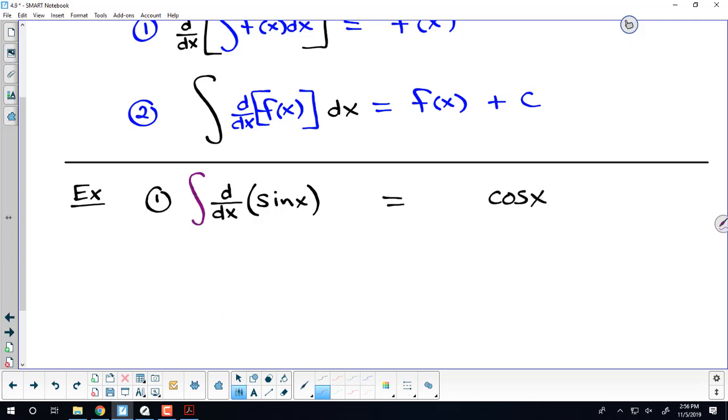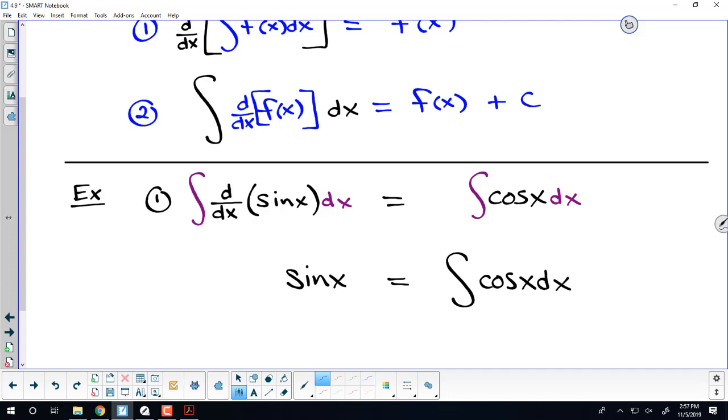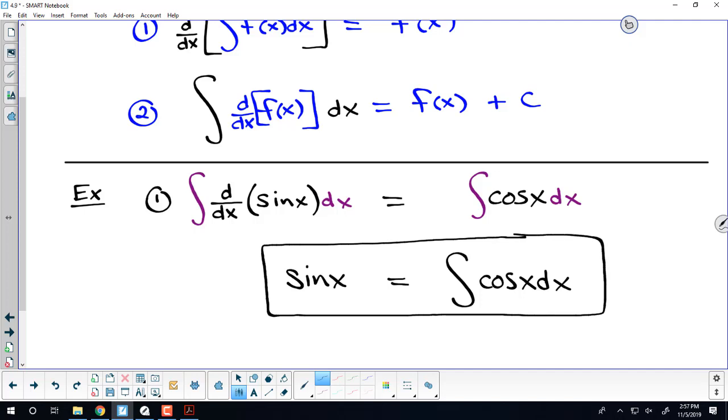I'm going to take the antiderivative with respect to x on both sides. So it's just like taking the square root of both sides, or squaring both sides. On the left, what do we get? What's the antiderivative of the derivative of sine? Just sine. Okay, so the left-hand side is just sine, equals the antiderivative of cosine x dx. So then, plus c, whatever, but you have an antiderivative formula for cosine now, because you knew the derivative of sine.